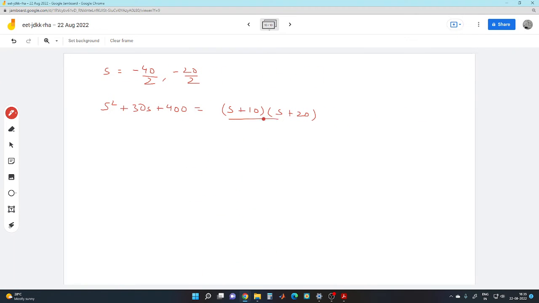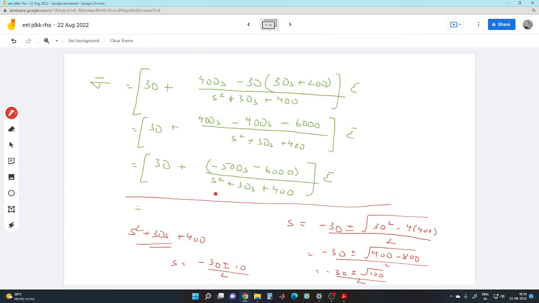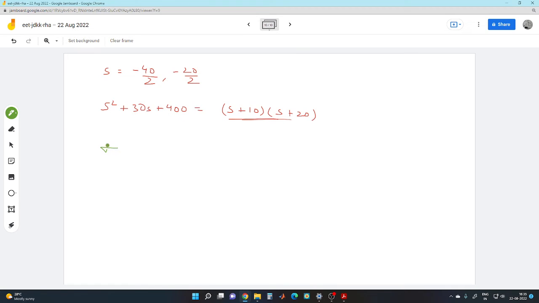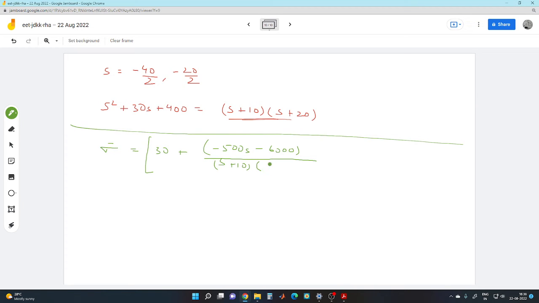So this we know now. So we can write this equation now as sigma bar is equal to 30 plus minus 500 S minus 6000 upon S plus 10 and S plus 20.